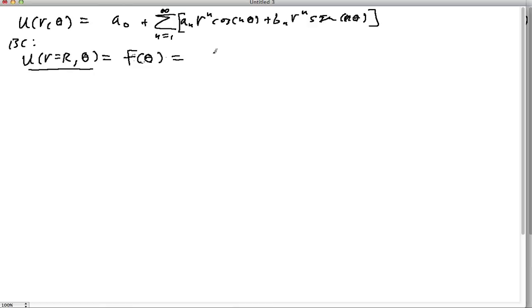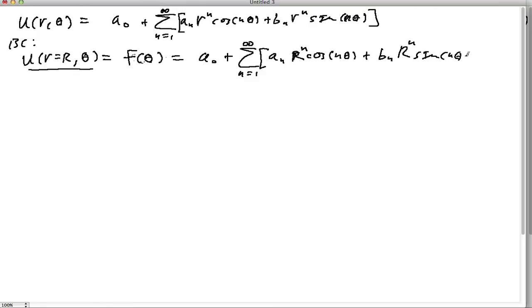We can evaluate that then as A0 plus the sum n equals 1 to infinity of An R^n cosine n theta, so we have to put an R in there, plus Bn capital R^n sine n theta. Okay, so there we go.